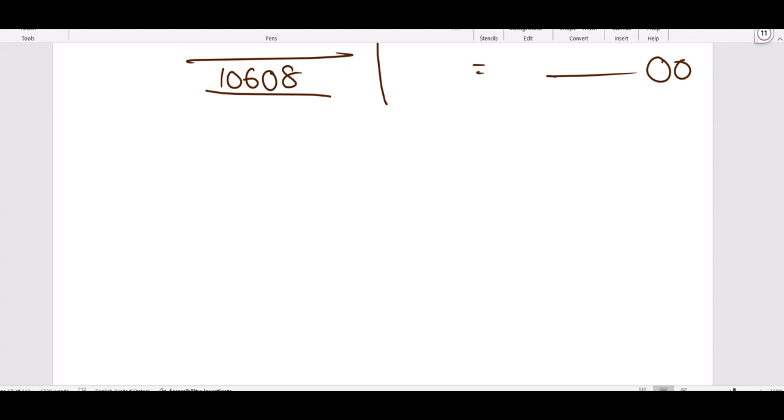What is the 1 cube units place? Up to 10 cube you saw. I'll show the picture, because for 11 cube again the same units place will come. 1 cube units place, 11 cube units place will be 1 only. Same thing will repeat.